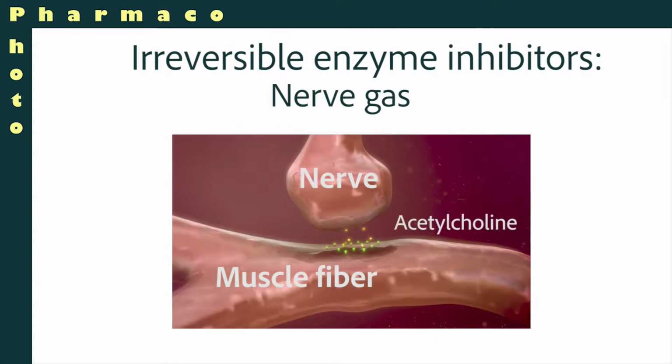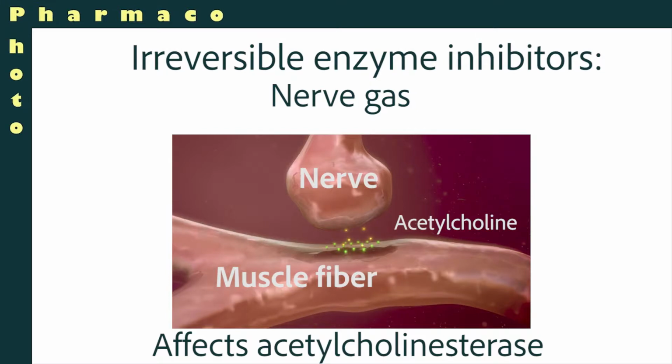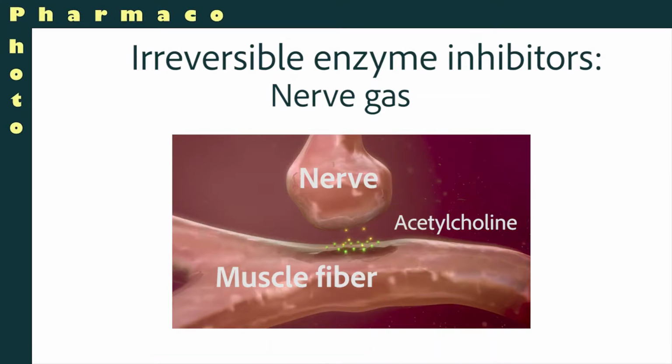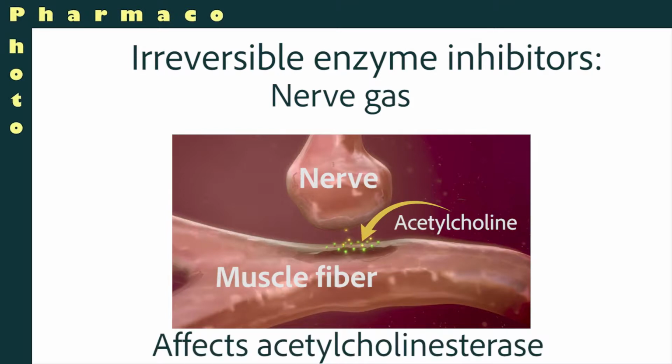Irreversible enzymatic inhibition is also important in toxins such as pesticides and anti-infective agents. For instance, many of the nerve gases are irreversible inhibitors of the enzyme that breaks down the neurotransmitter acetylcholine. And acetylcholine works all the way through the body, but let's just take the example of what happens at the site of the muscles.